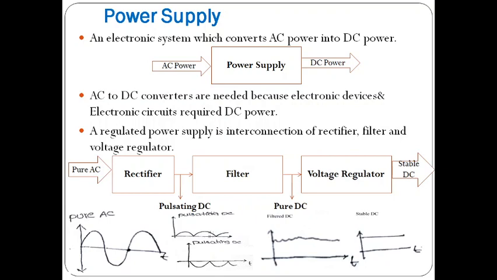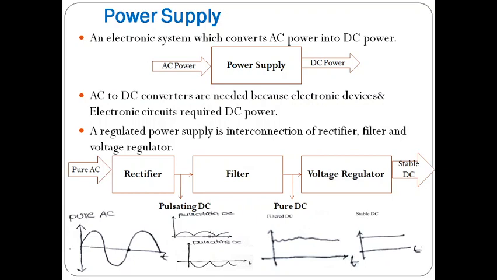The filter output is pure DC, but it is not stable, it is a fluctuating output. To remove the fluctuations in the pure DC, we use the voltage regulator. By using the voltage regulator, we provide the constant voltage or stable voltage.